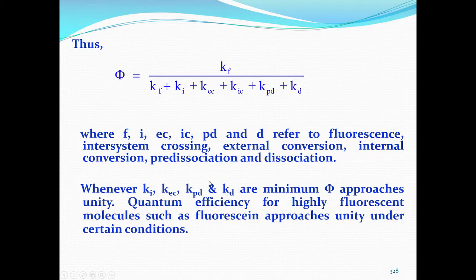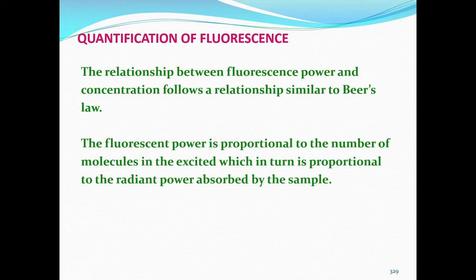Same thing is true even with quinoline, that also can be used as a standard for fluorescence measurements. So, how do we quantify the fluorescence? I was explaining to you that we should treat fluorescein or quinoline, quinoline sulphate also you can try. All these things have fluorescence efficiency as unity.